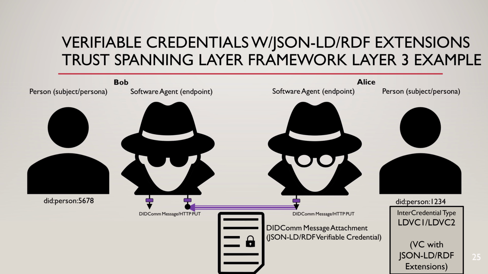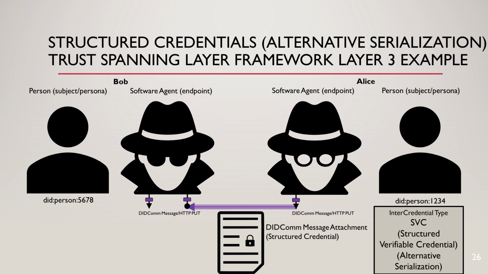We can see the blood type is LD VC1 or LD VC2. We'll explain that in a moment. We also have the concept of structured credential models. We aren't going to talk specifically about what a structured credential model is, but just know that it's an alternative JSON serialization for verifiable credentials.